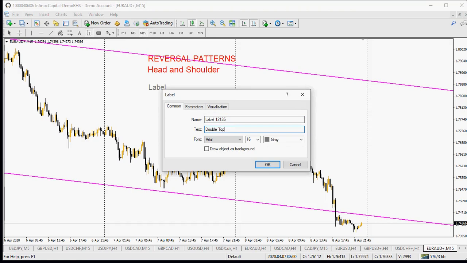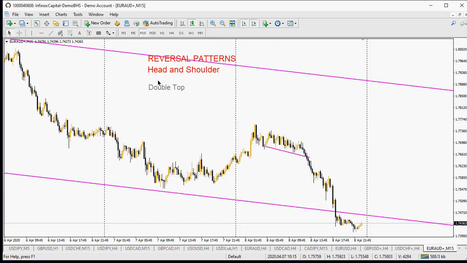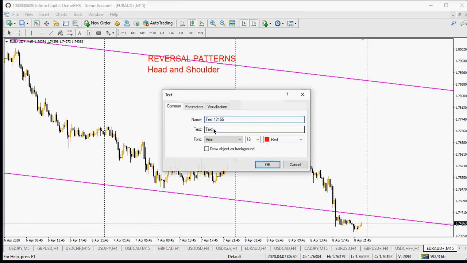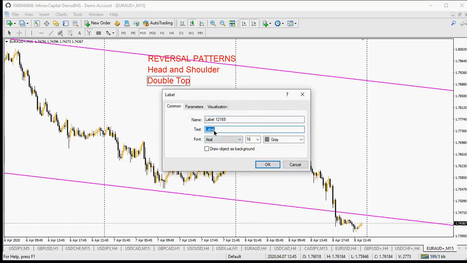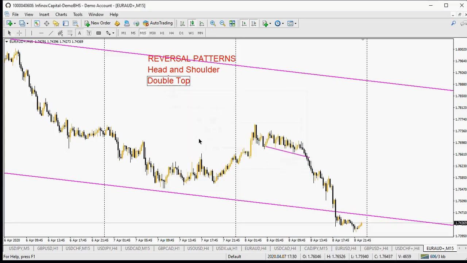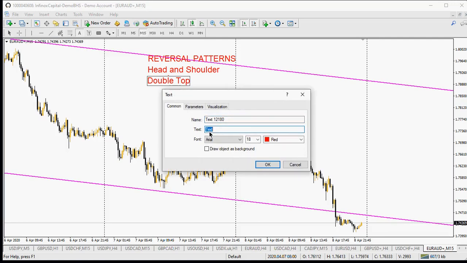Please write all these things down somewhere. Double top. We have triple top also.